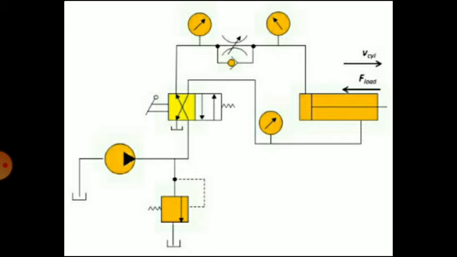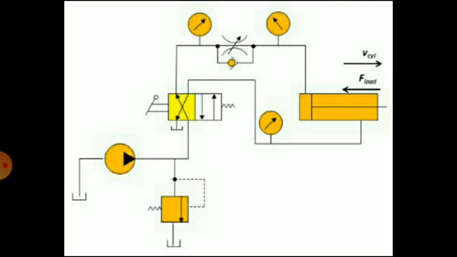The fluid from the pump enters the direction control valve, and the direction of the fluid is changed according to the requirement of forward and reverse stroke of the piston. According to that, the positions of the direction control valve are changed.